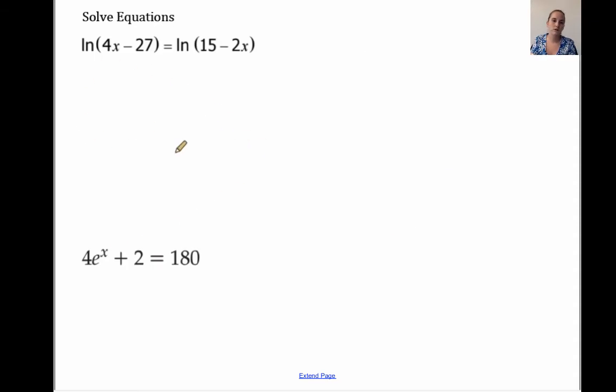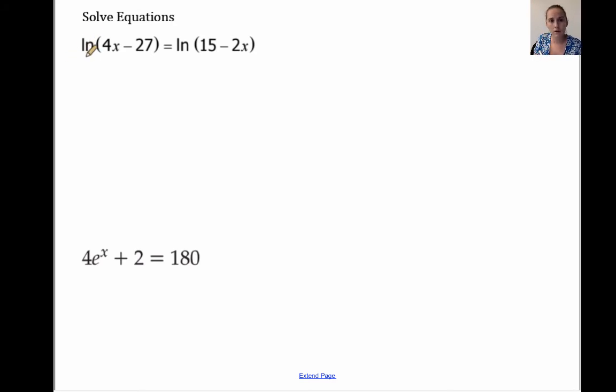All right, now we want to solve equations. The goal for solving equations is to get rid of anything that's hindering you from finding out what x is. So I have a logarithm on both sides. If I do something to one side, I must do it to the other, unless I'm just applying a property. Well, in this case, I have a log base e.